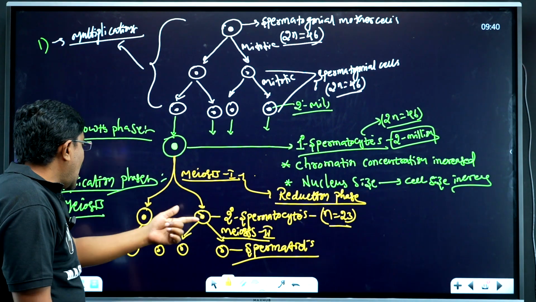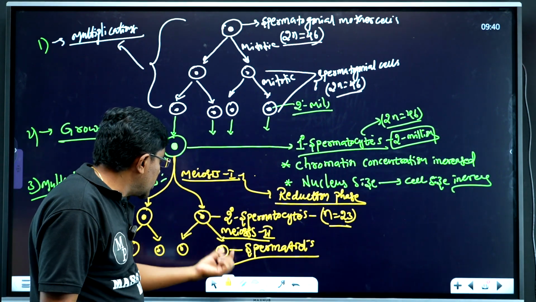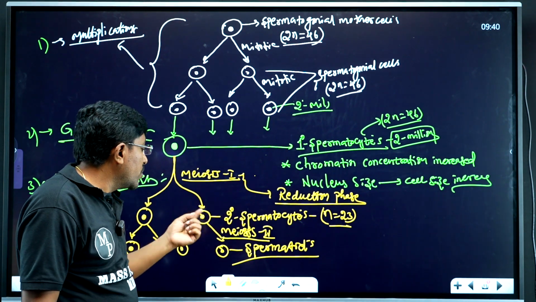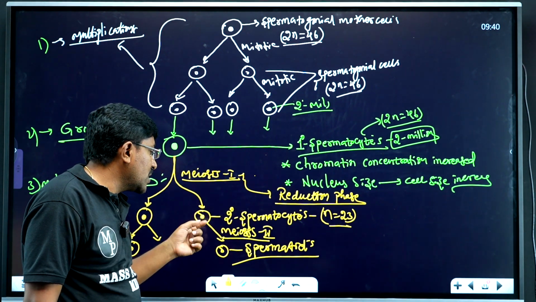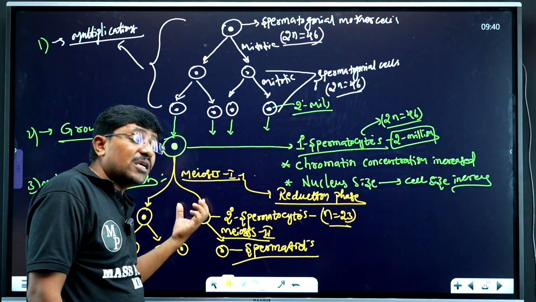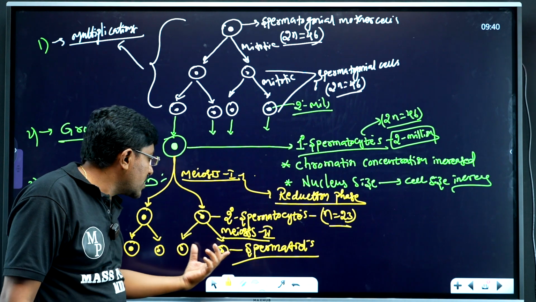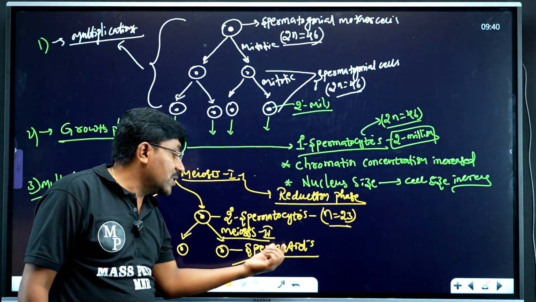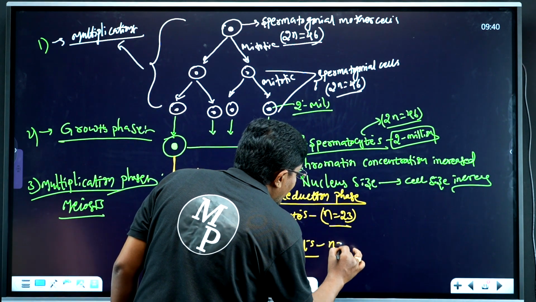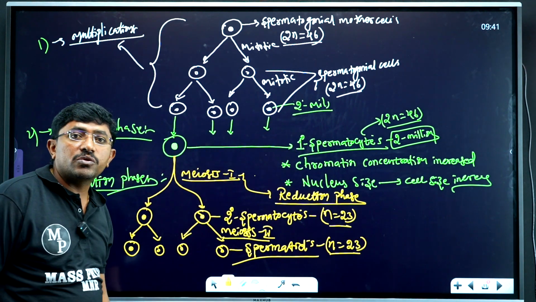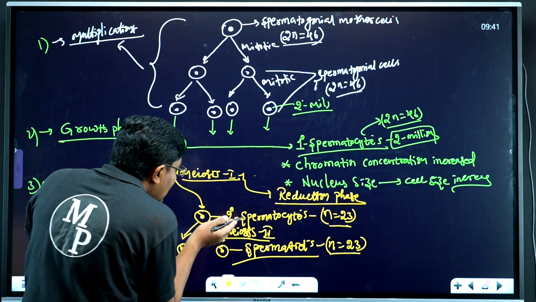After completion of meiosis 2, how many chromosomes are there in the secondary spermatocyte? Its daughter cells are also having 23 chromosomes.